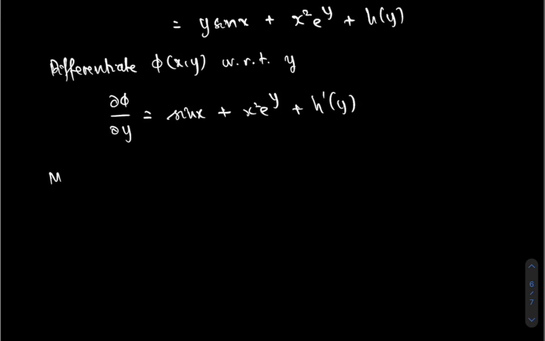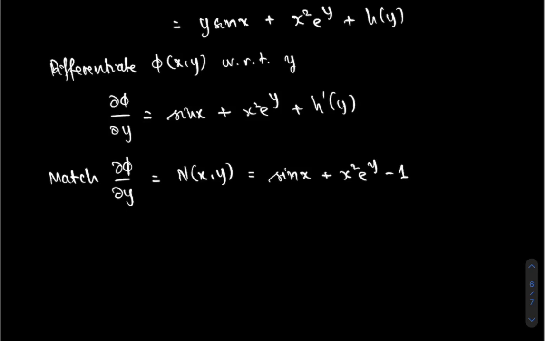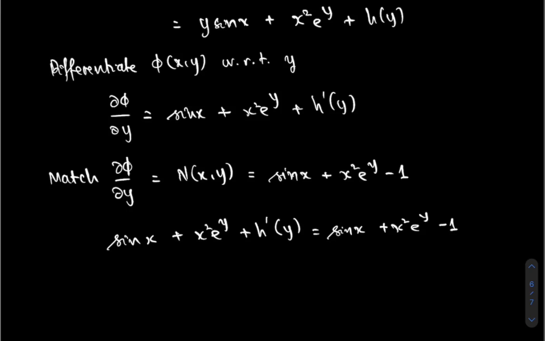So that is match partial phi partial y with N of x, y, which is equal to sine of x plus x squared e to the y minus 1. And you can see that partial phi partial y, sine of x plus x squared e to the y plus h prime of y, is equal to N of x, y of the form sine of x plus x squared e to the y minus 1.